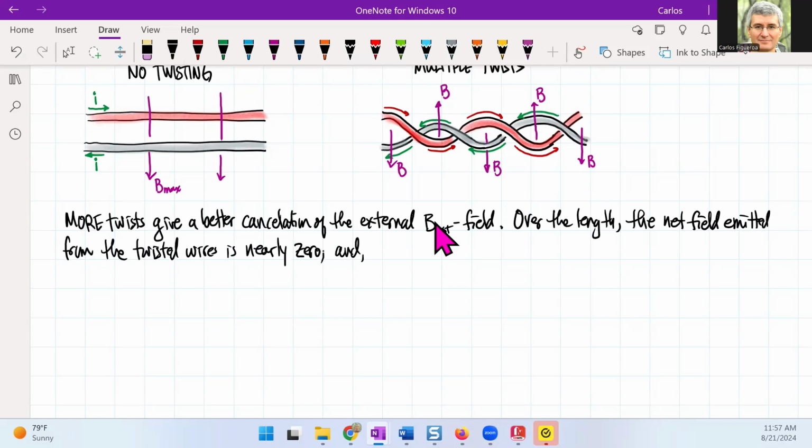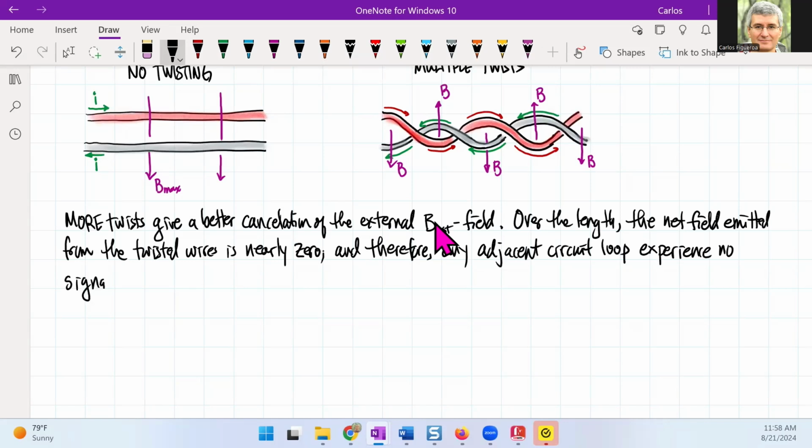And therefore, any adjacent circuit loop experiences no signal interference.